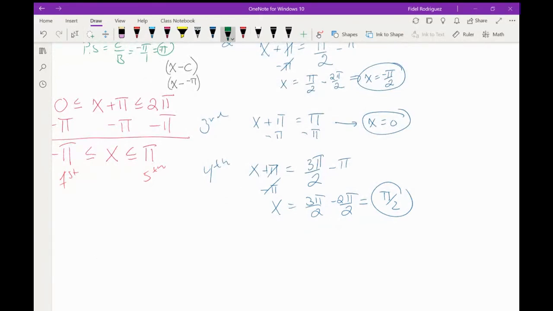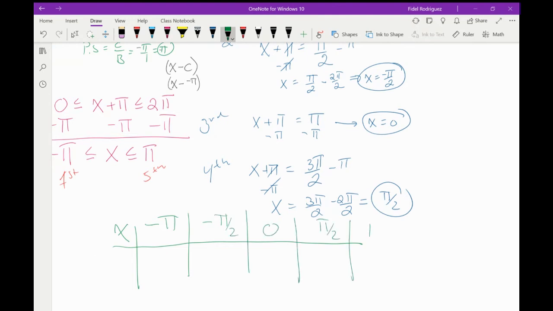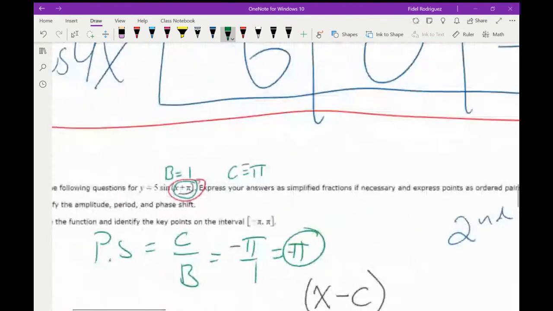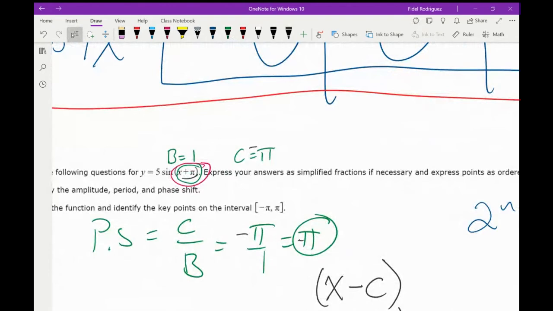So now remember what we're going to do. We're going to make a little table, and it's going to look something like this. Our first one was a negative pi. Second one is a negative pi over 2. Third one is 0, pi over 2, and pi. And then what's our function that we got? Let me zoom in here. We have 5 sine of x plus pi.